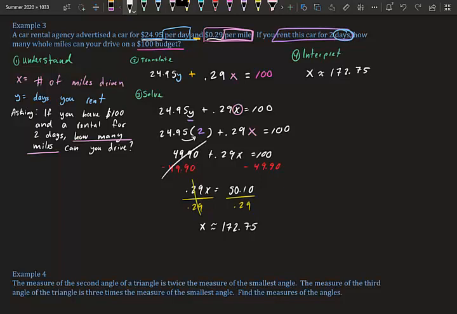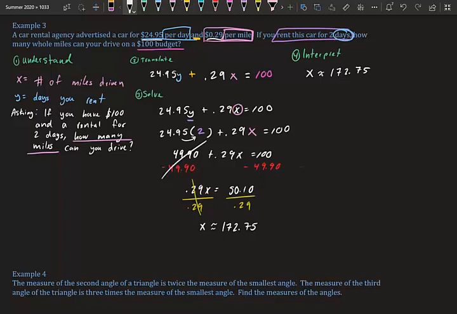No, you can either rent it or you can not rent a car. You can either drive it for 172 miles, or you can drive it for 173 miles. Because we only have a $100 budget, we need to know what's going to put us over budget.